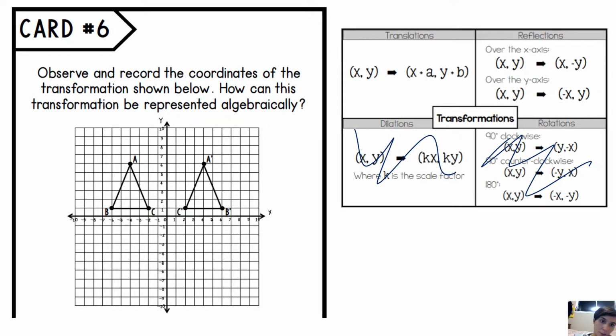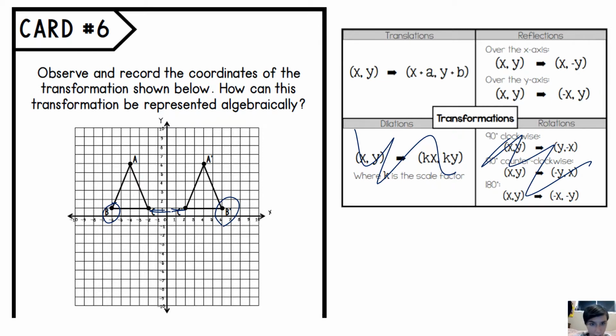Here's the thing though. Look, on the left side of the pre-image, the B was on the left. But here, on the other one, the B is on the right. And I can double check, because C is 2 away from the y-axis on the left, and then C is 2 away from the y-axis on the right.